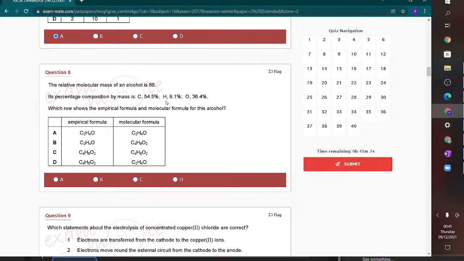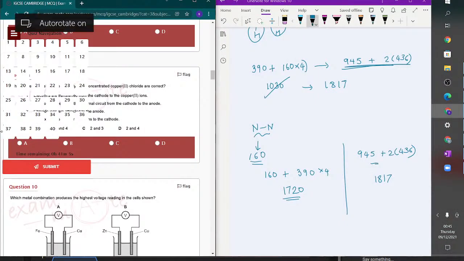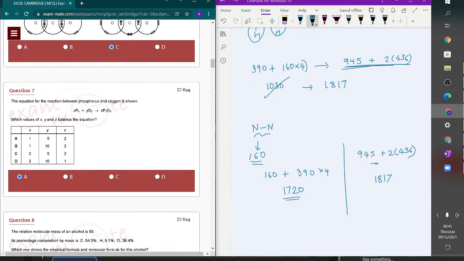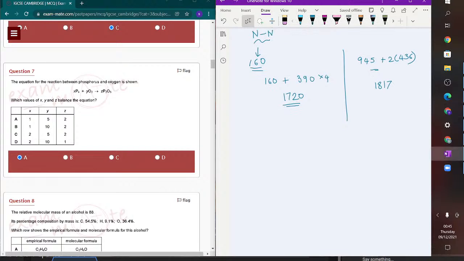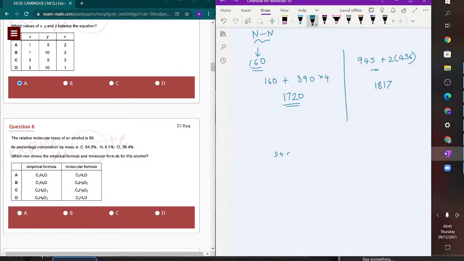Okay, here we go again. I'll share my annotating diagram here. 54.5 upon 12, that gives you 4.54. 9.1 upon 1, that's 9.1. 36.4 upon 16 is 2.275.